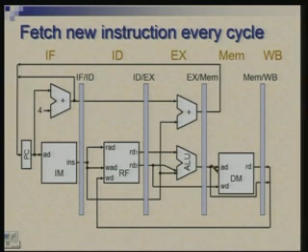After this stage, the data is available at this point, and that is fed back and brought in through multiplexers to this input or that input of ALU, or it could be the output of memory which is picked up from here and brought to the input of ALU. Okay. For store instruction, we need to bring it here either from this point or from that point.